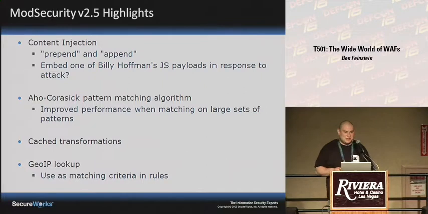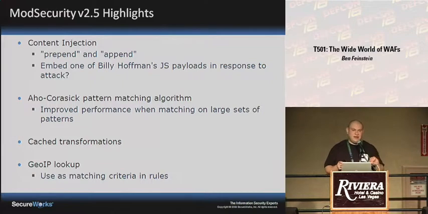Another awesome feature is GeoIP lookup. You can use this as matching criteria in your rules. I can block, prepend, append, or inject content based on your longitude and latitude. I can do it based on your country code. That can get kind of interesting as well. GeoIP lookup is built in. It's an operator in the rules language.